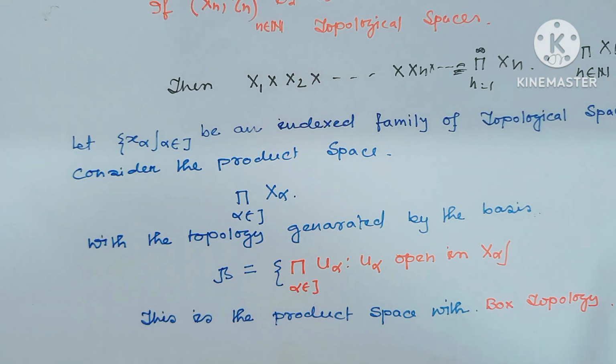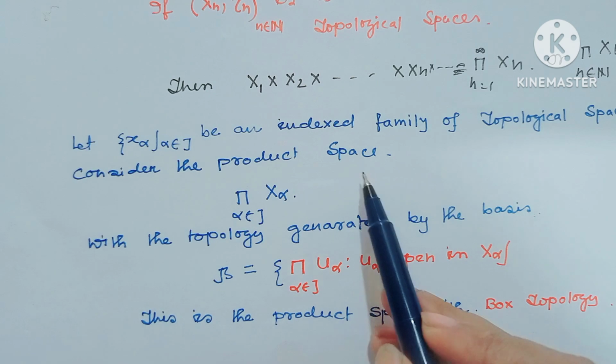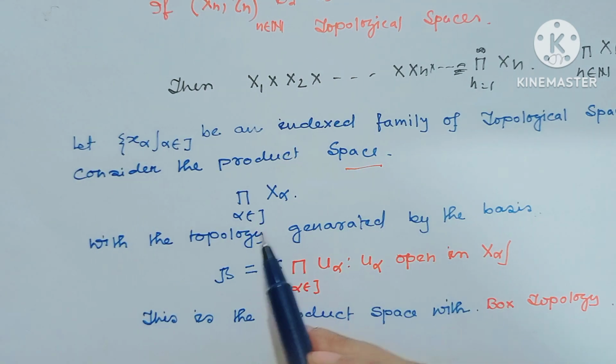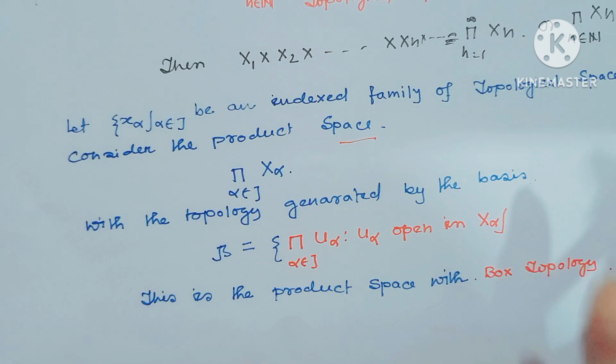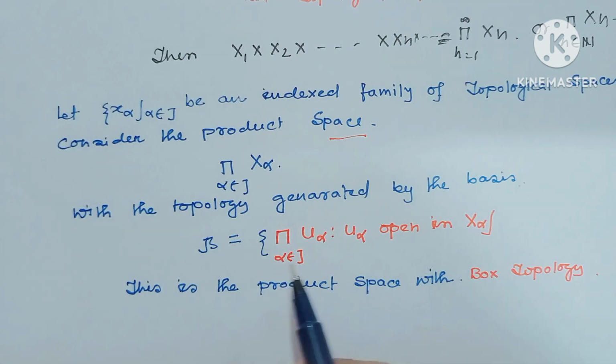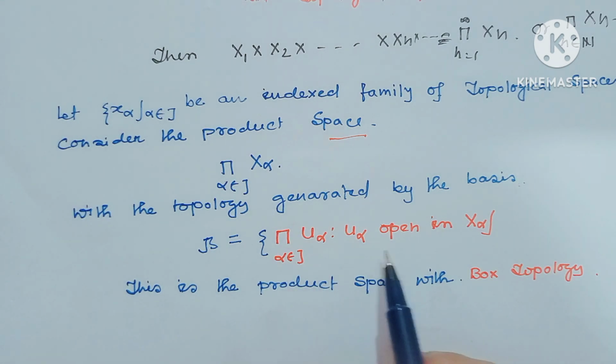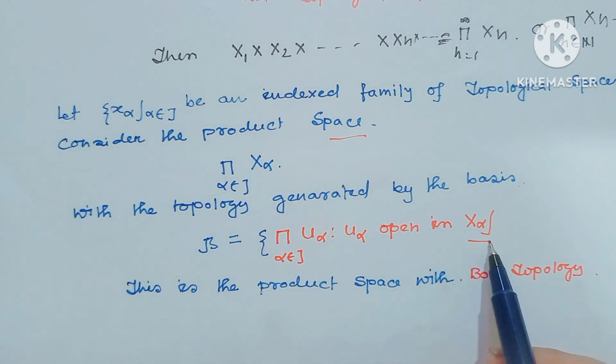Let Xα be an indexed family of topological spaces. Consider the product space over α belongs to J of Xα with the topology generated by a basis. Here the topology is generated by the collection of products of open sets, the product over α belongs to J of Uα, where Uα is open in Xα.